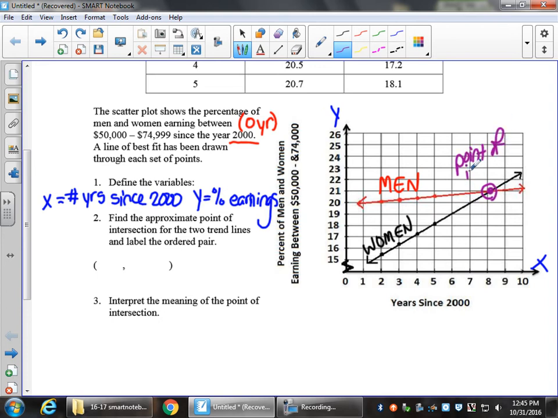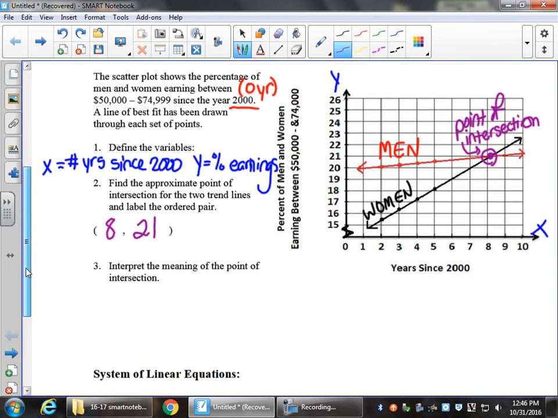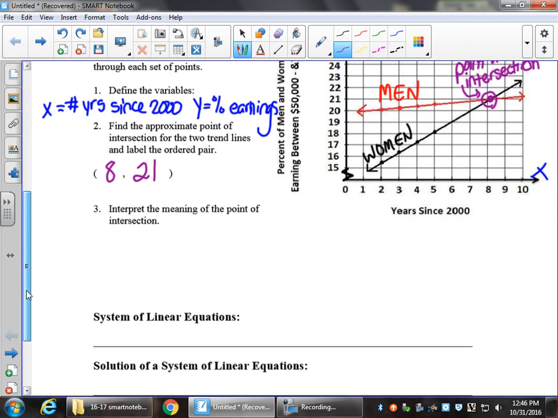That is my point of intersection because it's where the two lines intersect. And if I were to look, X is 8, and then up 21, 8, 21. We've labeled the ordered pair.